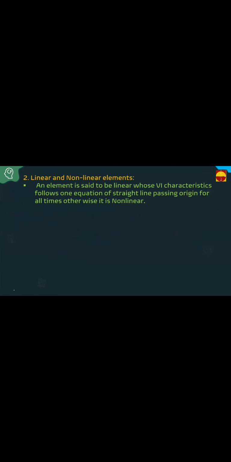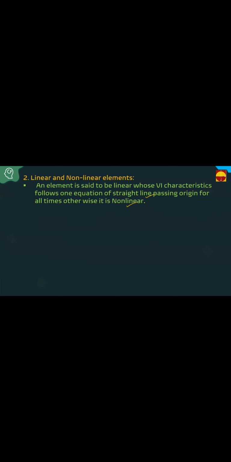Next, one more type of element is linear and non-linear elements. When is a particular element said to be linear, and when is it said to be non-linear? Very important. An element is said to be linear whose VI characteristics follow one equation of a straight line passing through the origin for all times; otherwise it isn't.